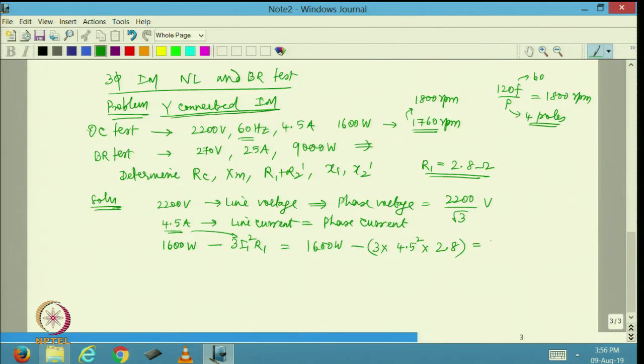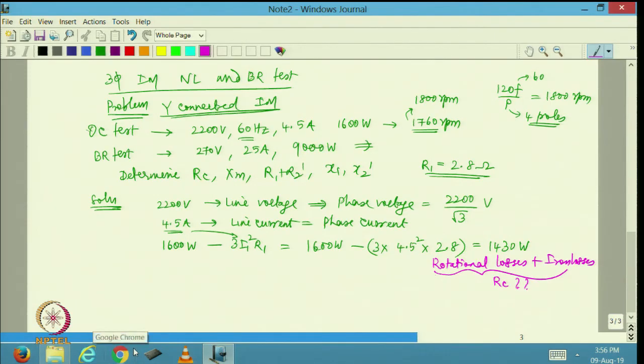This will give me the value of the losses, which consist of rotational losses, because the motor is rotating very clearly, plus iron losses. So, from the iron losses and rotational losses, I should be able to get RC.